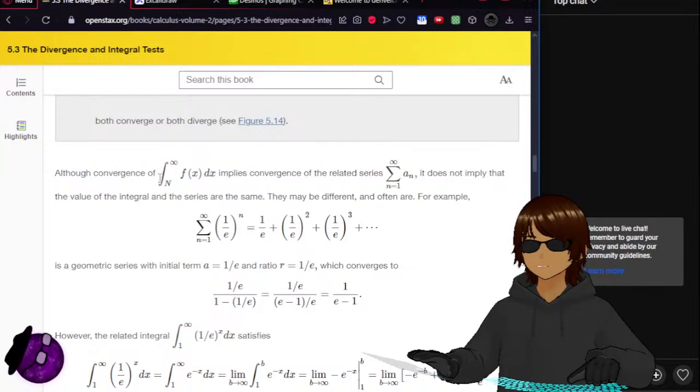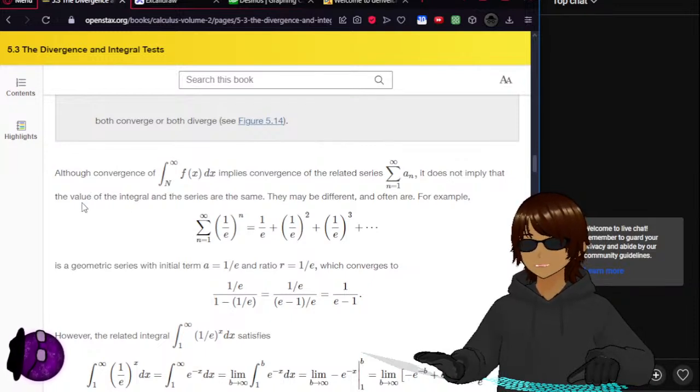Although convergence of this implies convergence of the related series, it does not imply the value of the integral and the series are the same. They may be different and often are.